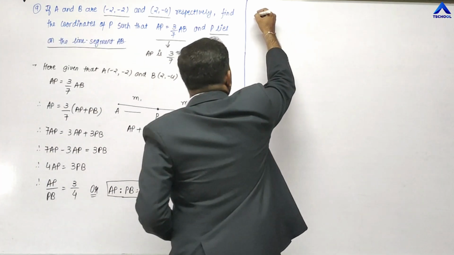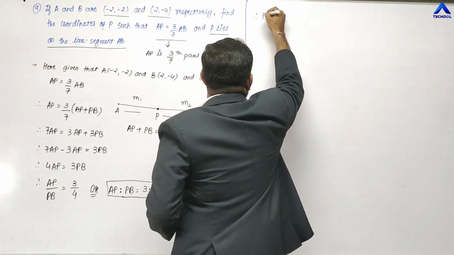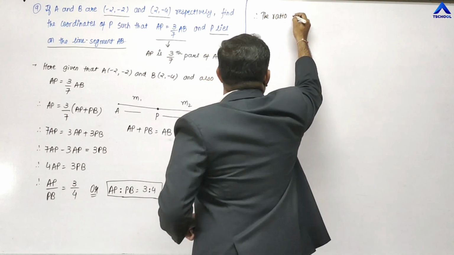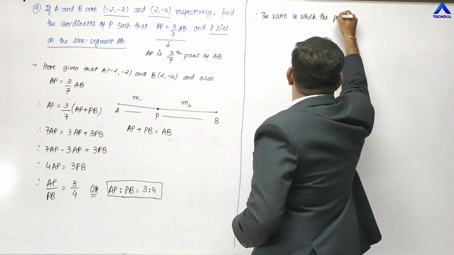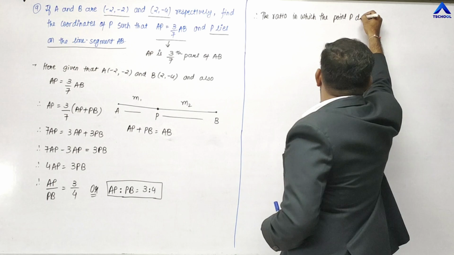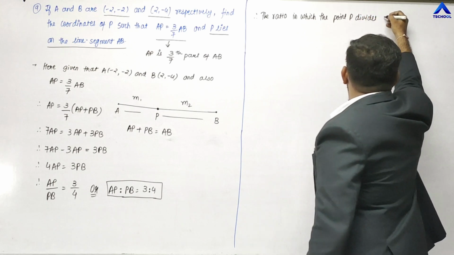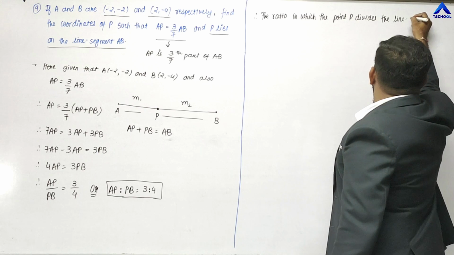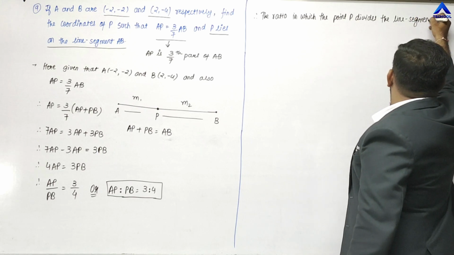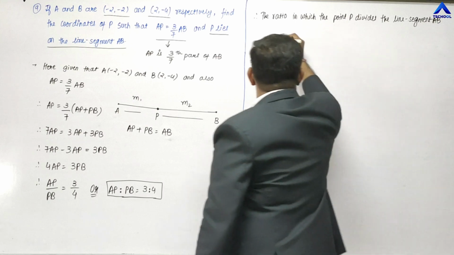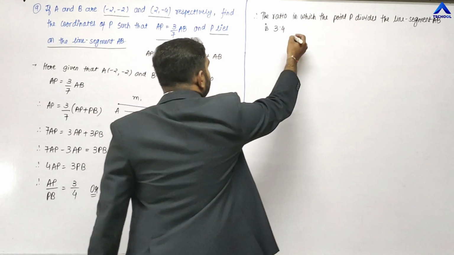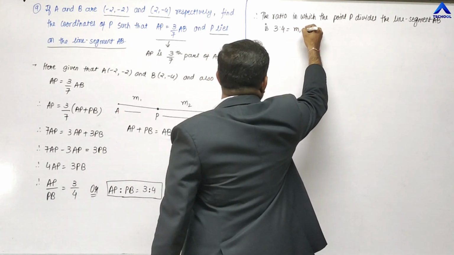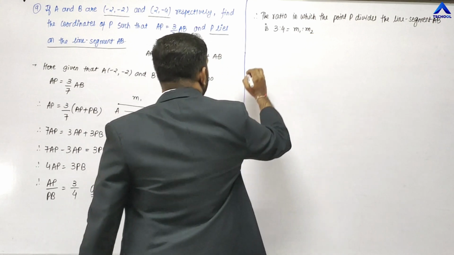So now therefore the ratio in which the point P divides the line segment AB is 3 is to 4, that is equal to M1 is to M2.